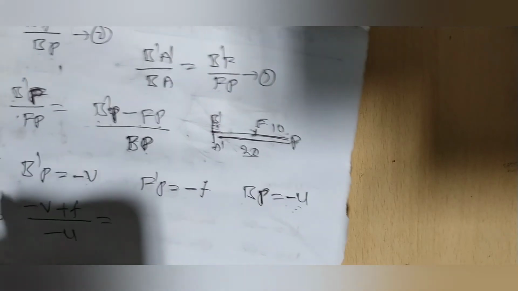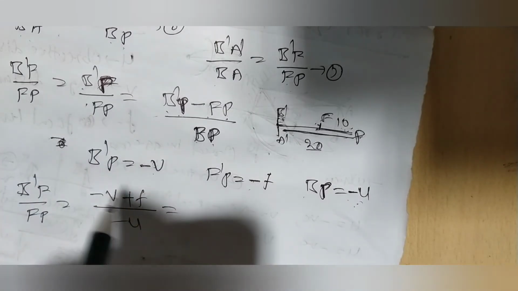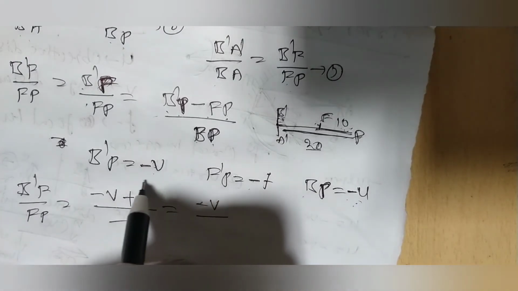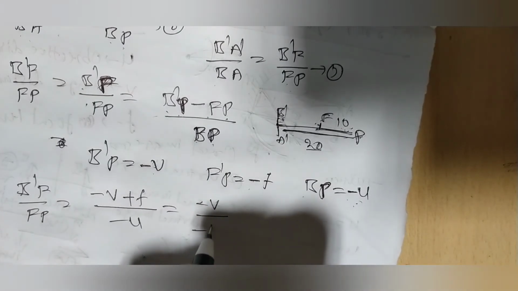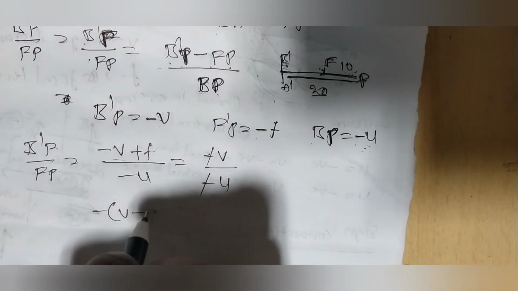Okay, here b dash f means v minus f, by minus u, minus cancel, okay, we can take minus common, v minus f by u is equal to v by u.